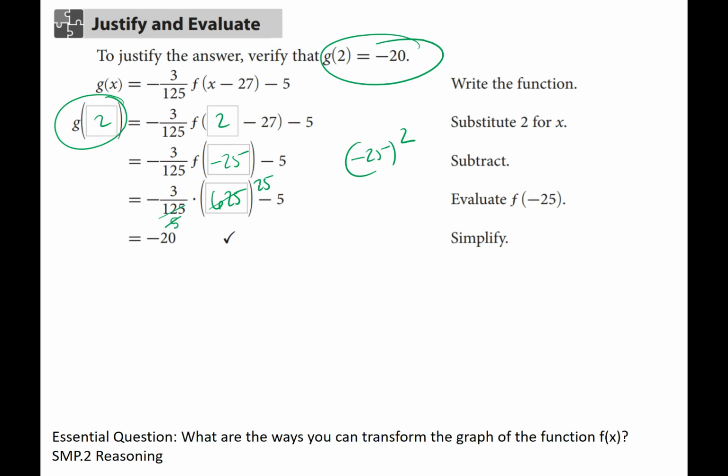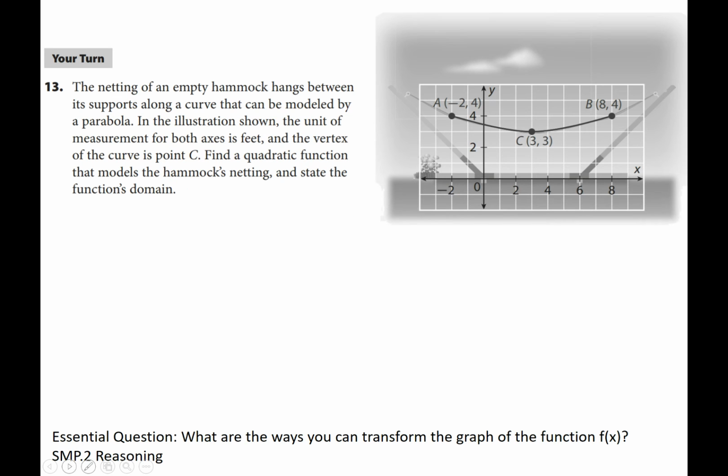And then we know 5 goes into 25 5 times. So really I have negative 3 times 5, which is negative 15, minus 5 is in fact negative 20, which is the value that we were looking for. So our equation actually worked with the other point.